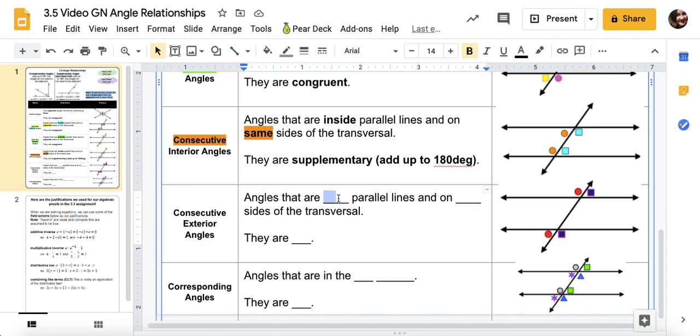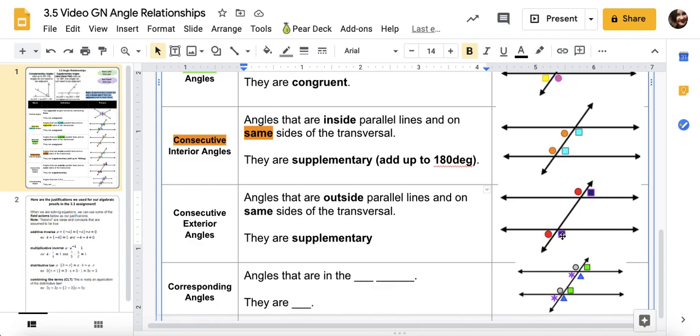Consecutive exterior angles are again the same idea, but they're outside of the parallel lines. And now, because they're consecutive, they're still on the same sides of the transversal. And just like the consecutive interior, these are supplementary. So now the red and the red are supplementary.